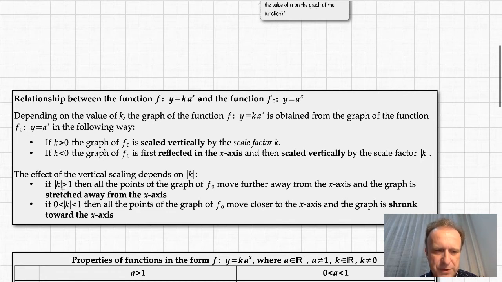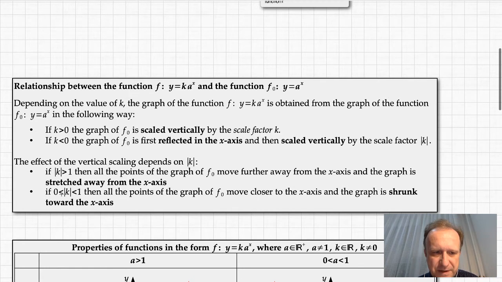In both situations, the modulus of k is greater than 1. Then all the points of the graph of f sub 0 move further away from the x-axis, and the graph is stretched away from the x-axis. So it is stretched away from the x-axis as it's written here.